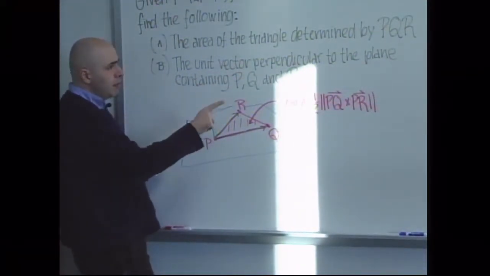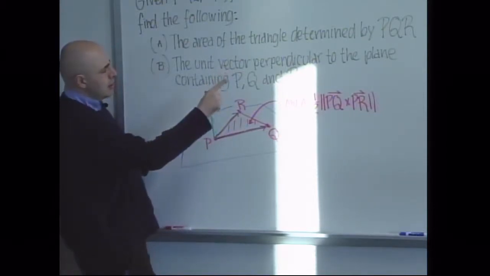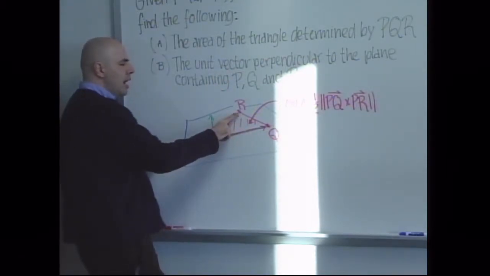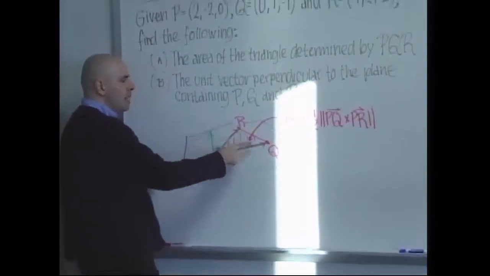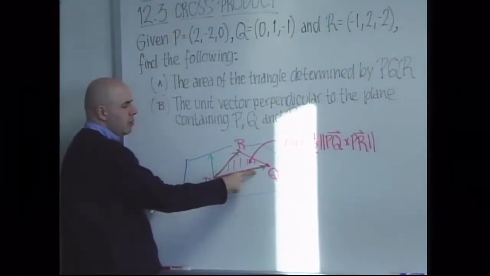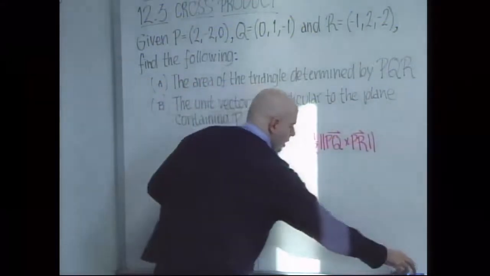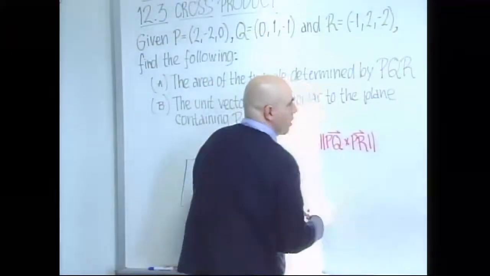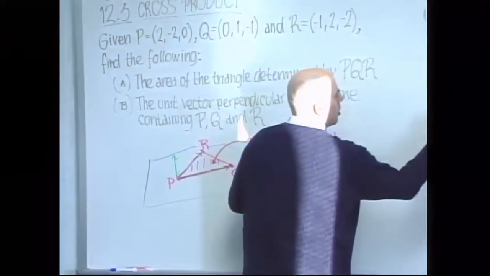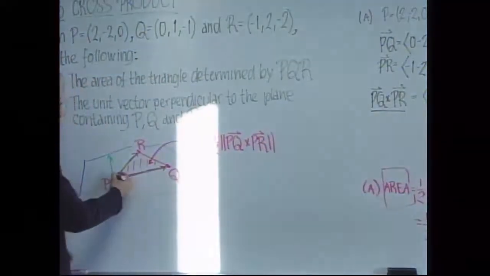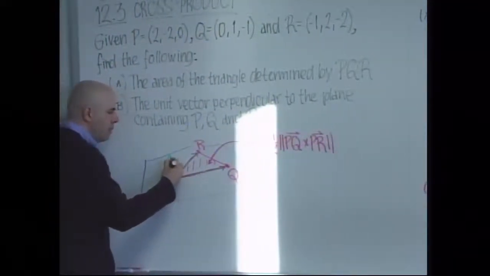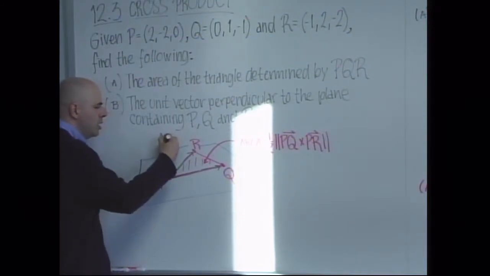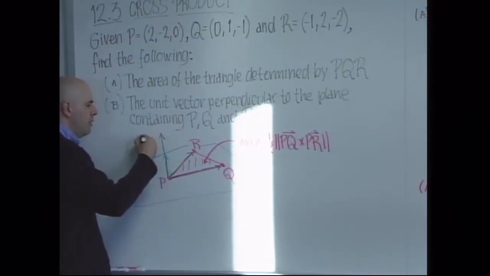One of the things that we know is that PQ cross PR is a vector that is perpendicular, or orthogonal, to both PQ and PR.